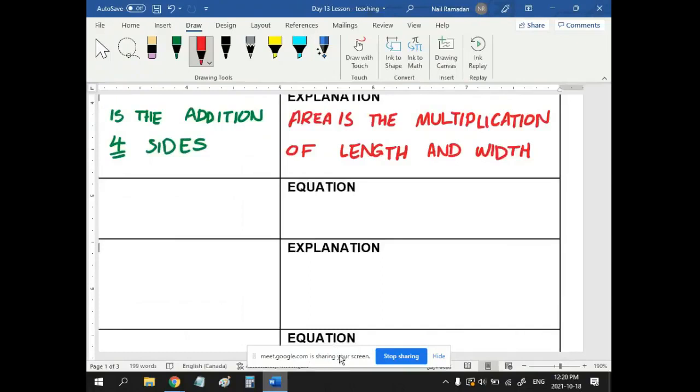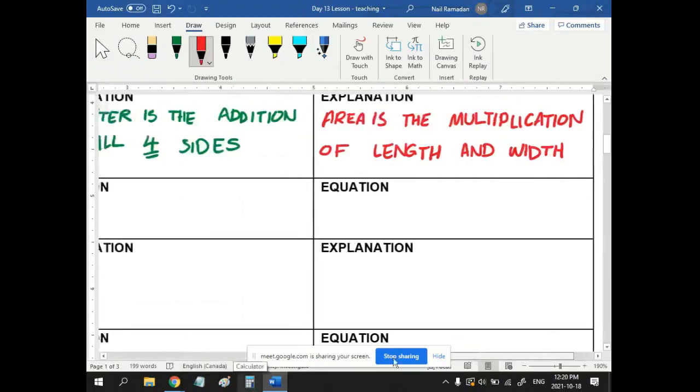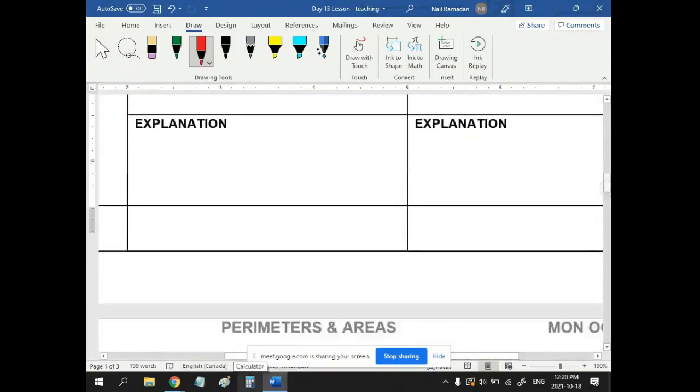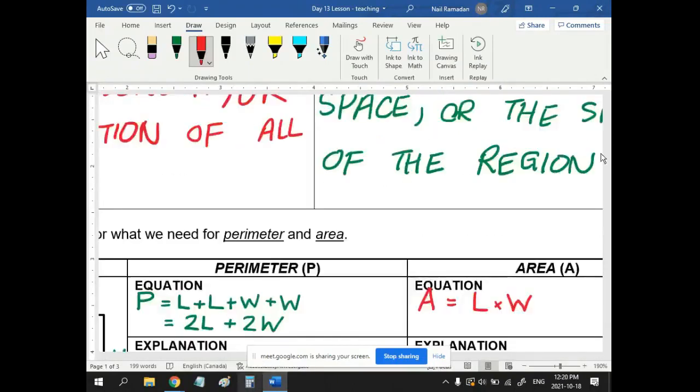Okay. Let's go to the next shape. Oh, Anthony, here's the equation. There you go. Just A equals L times width. Make sure that it's a times, not an X. It's like a very small times sign.